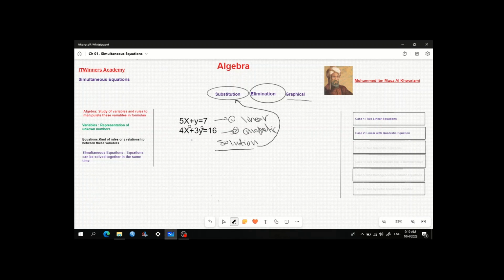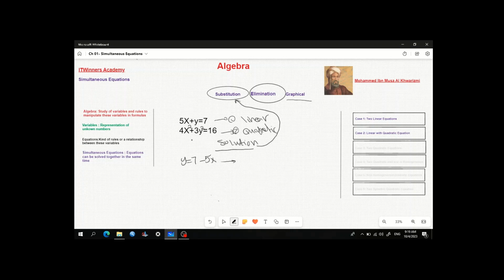From the first equation I can write that y equal to 7 minus 5x. In this form I can substitute for y in the second equation.